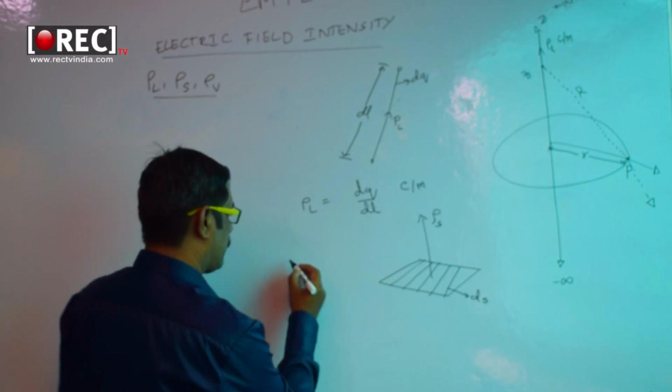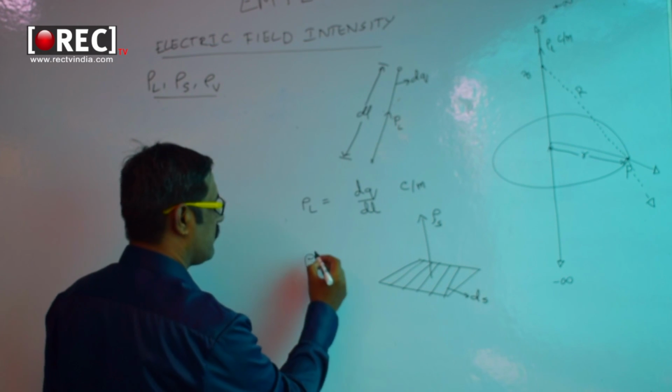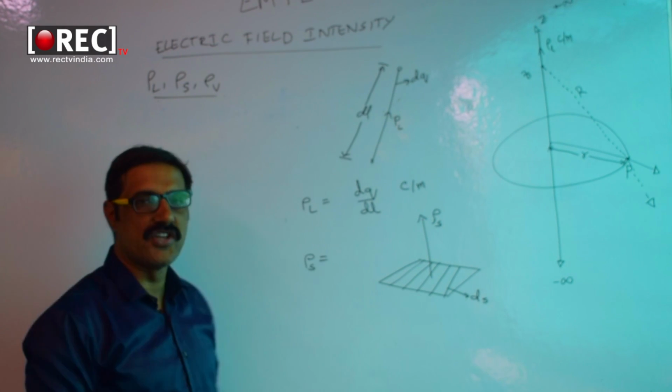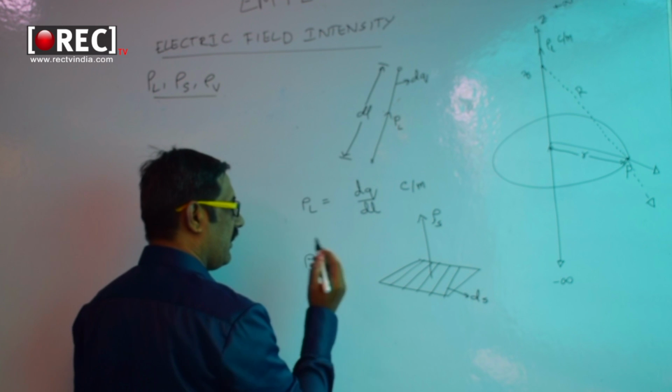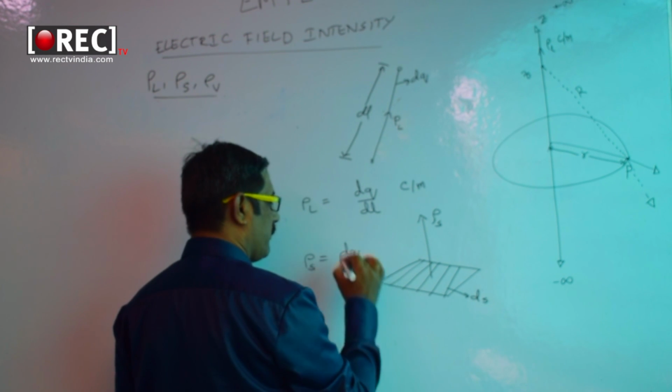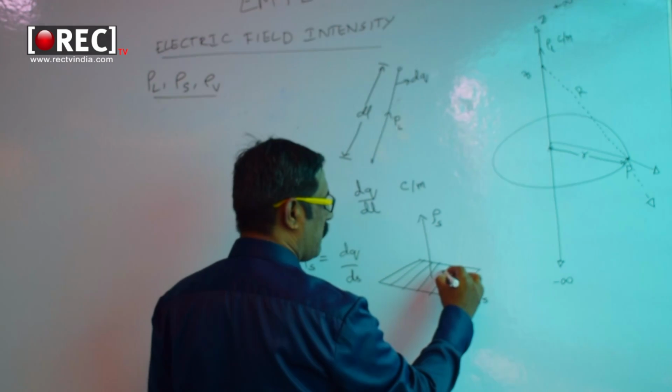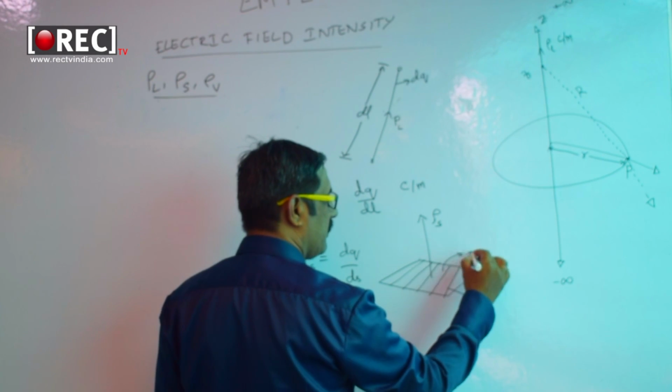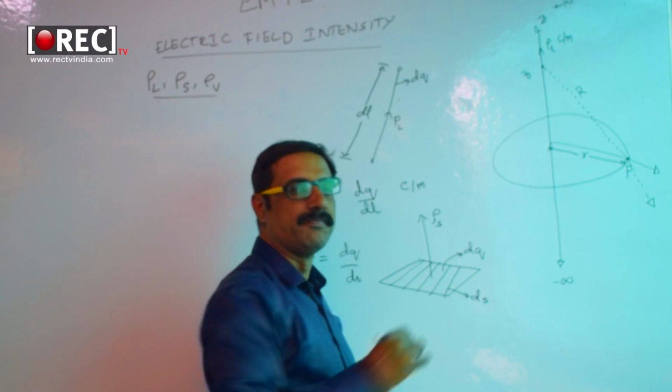So rho s, which is the surface charge density, is defined as dq by ds. And what is this dq here? dq is the total amount of charge present in the distribution.